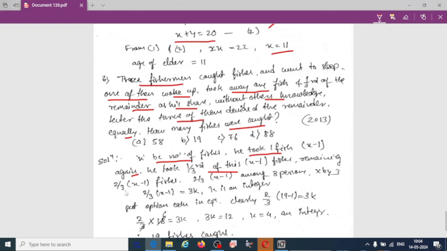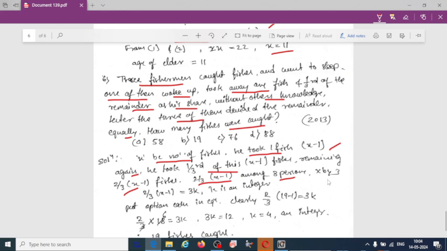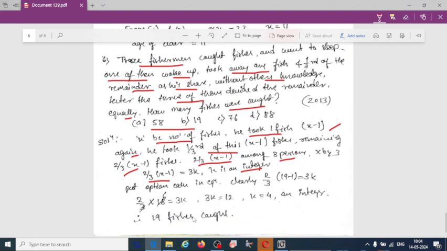So the remaining will be 2/3 of x minus 1. This 2/3 of x minus 1 is divided among 3 persons, which means it must be a multiple of 3. So let us take k as an integer. Then the equation will be 2/3 of x minus 1 equals 3k. Since we are given the options here, you can put any one of them in to get the correct value.